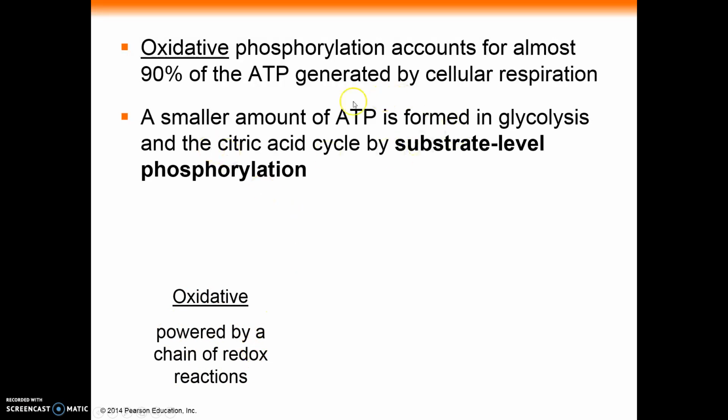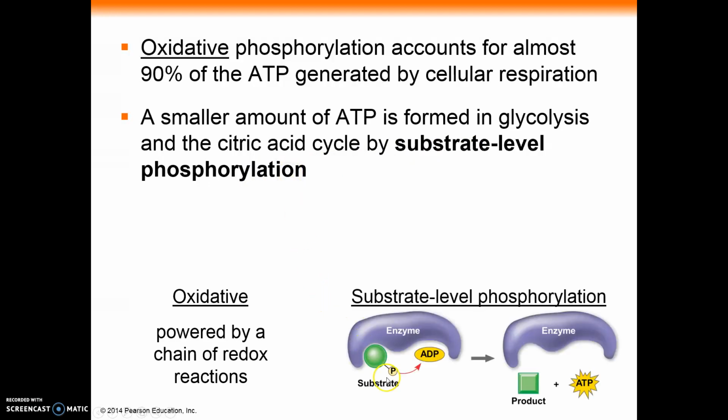But there is a smaller amount of ATP that is formed in glycolysis and the citric acid cycle through something that we call substrate level phosphorylation. How this is different is this is ATP that is generated by enzymes working along the steps of this process, right?